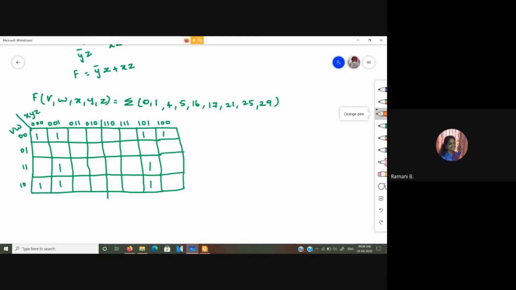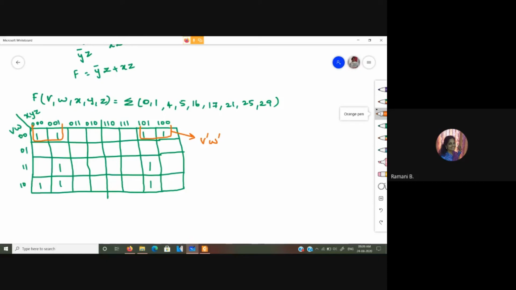So forming the groups as such, seeing by folding, you could have these four ones grouped together. With this particular group, we have V bar, W bar, and the common terms: here x is 0 in this combination and x is 1 in these two, and y is 0 in all these cases, and z is 0 here, 1 over here, 1 over here, and 0 here.